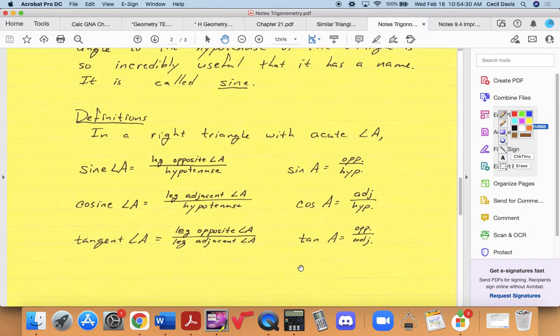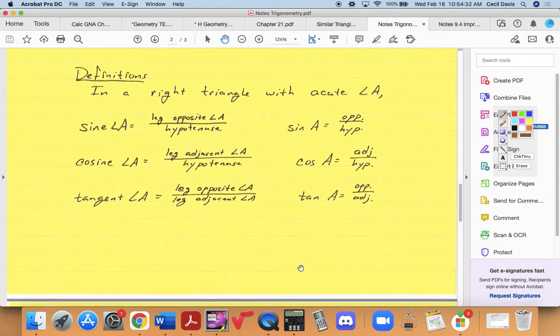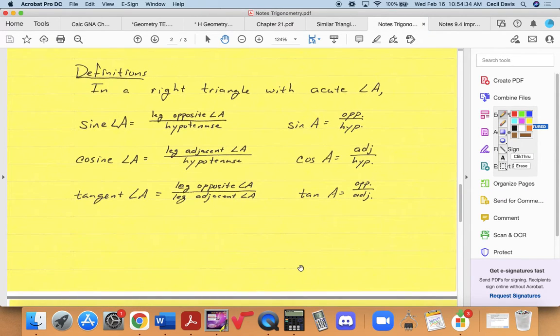All right, here are the definitions for the 3 out of the 6 trigonometric functions. We're only learning half of them. We will never learn the other half. You'll learn the other half when you get to pre-cal. You must memorize these. If you do not memorize these, you will fail the test.